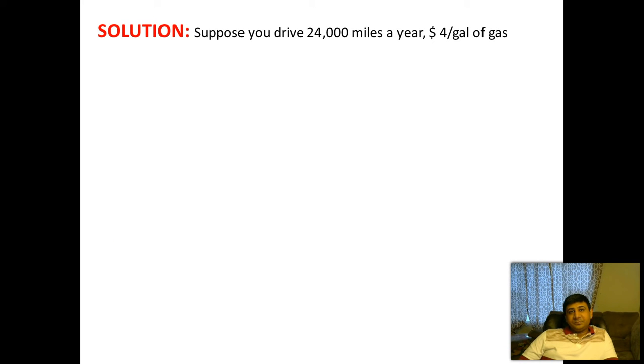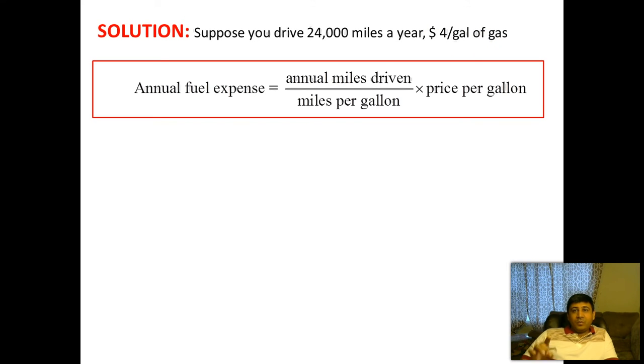See what happens. So this is our situation here: 24,000 miles and $4 a gallon of gas. We want to calculate the annual fuel expenses using the formula I gave you in the previous slide.